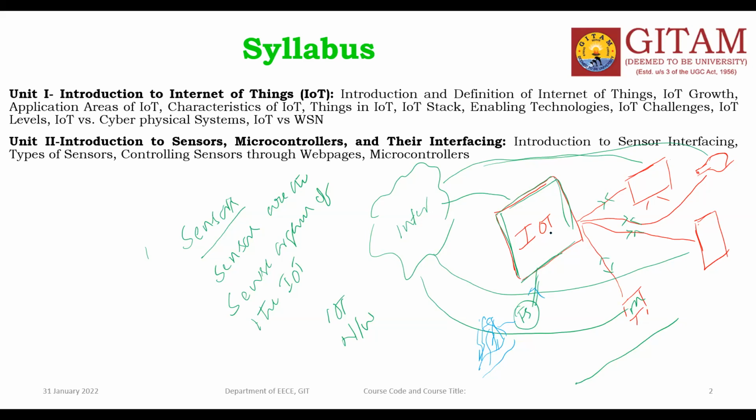In the IoT board, there is a processor. The processor will process this sensed smell, and based on the processing, it will control this motor, or sends the signal to the valve. Let us say there is a water tank, and it has a valve.